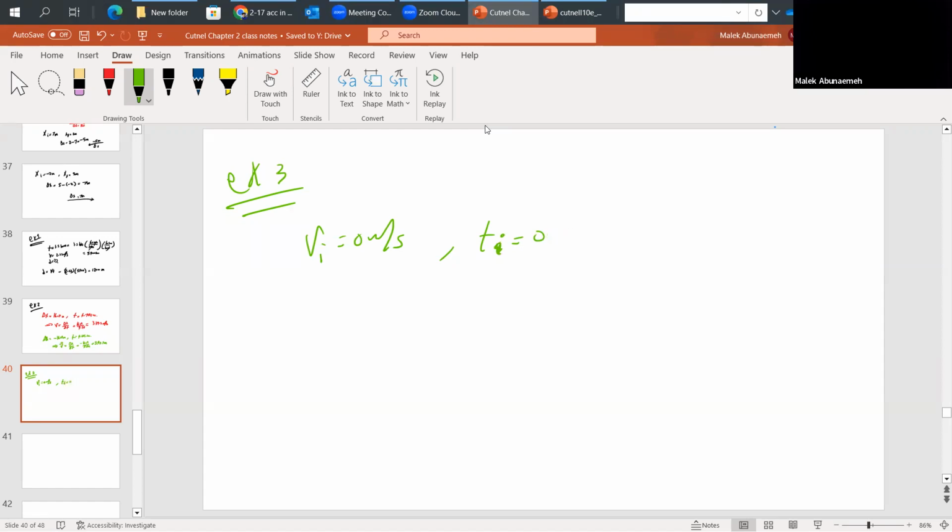It wouldn't matter because in seconds anyway, it's 0. Your final velocity was 260 kilometers per hour, and T final is 29 seconds.